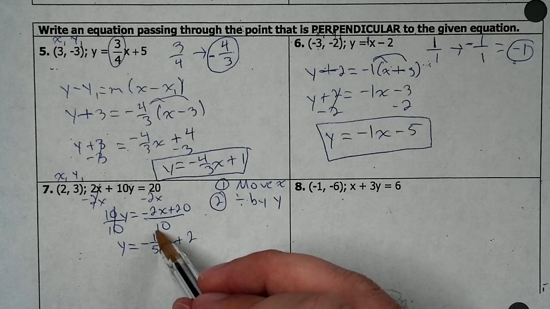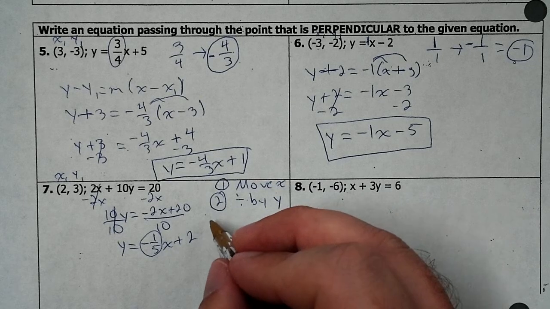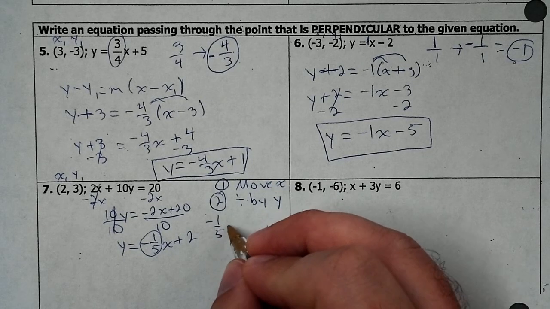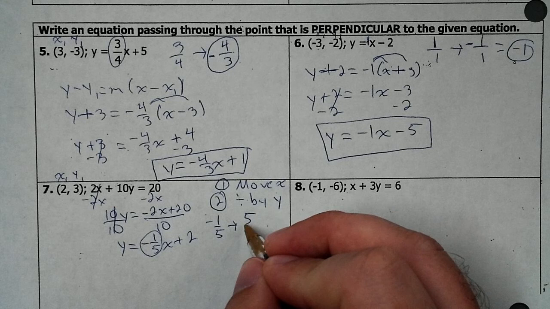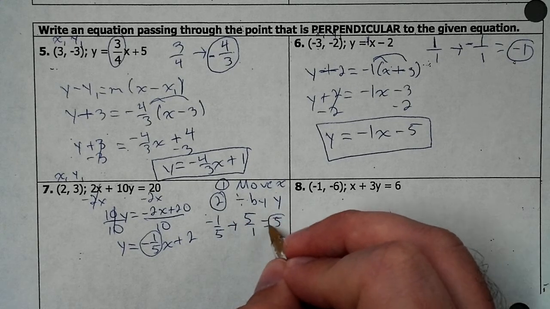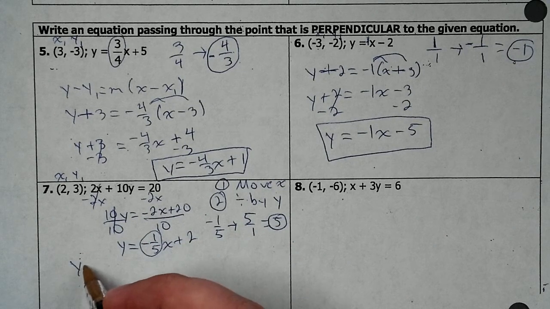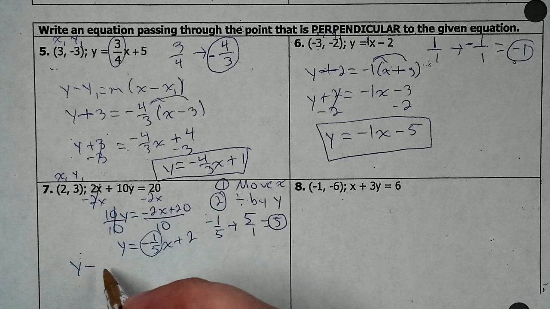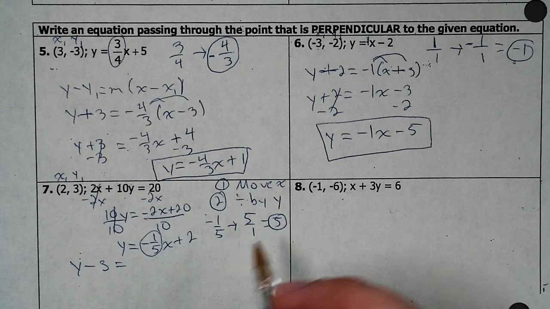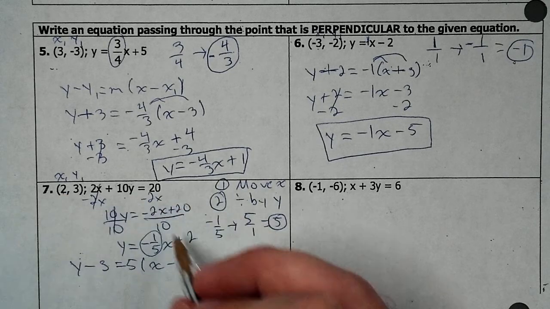Now I'm going to take my slope, and since I've got to find a perpendicular line to that, take your slope, you're going to flip it, so it flips to 5/1, goes from negative to positive, so that's just +5. Use that slope, use this point, and plug it in. So y minus 3 equals 5 parentheses x minus 2.